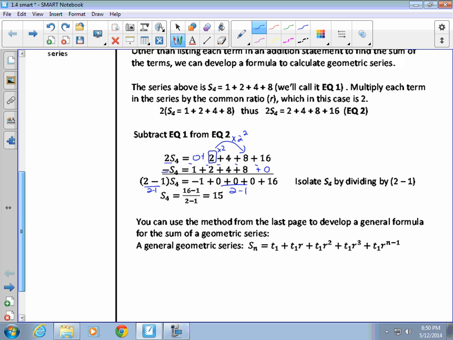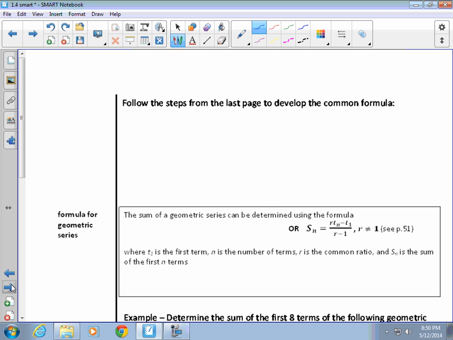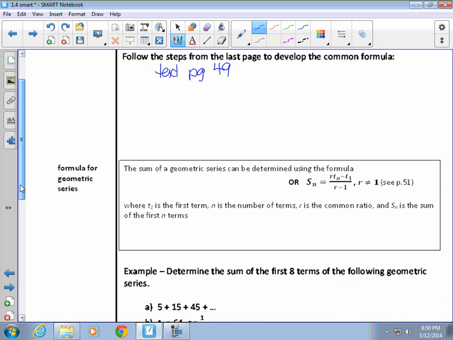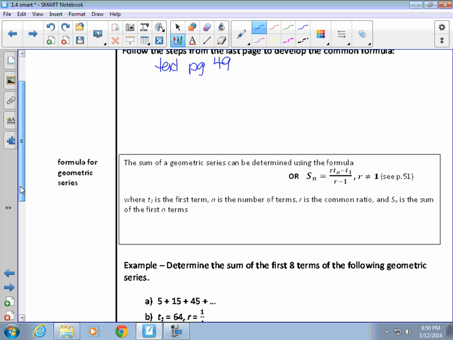So we could continue with this pattern, and I'm not going to go through the whole pattern. If you want to see how this formula is developed, then you can just read it in your textbook, it's approximately, I want to say, about page 49. So by going through the steps and reducing what we have, we get the sum formula.